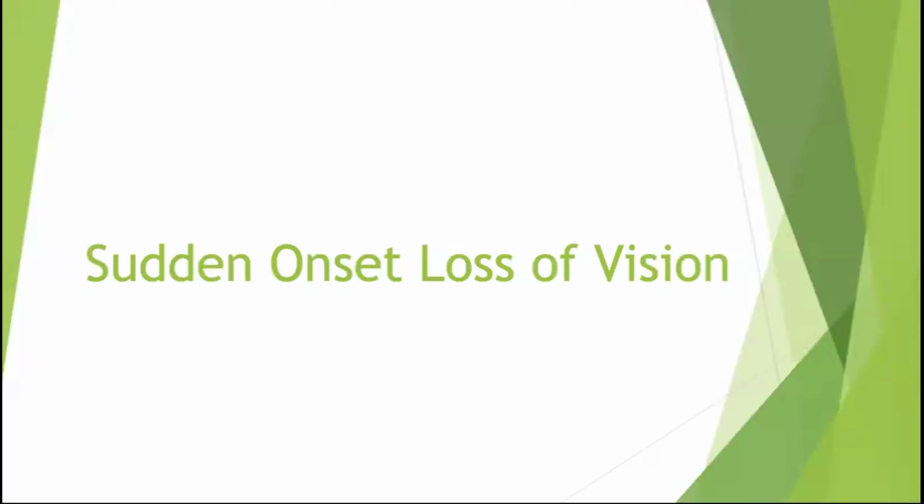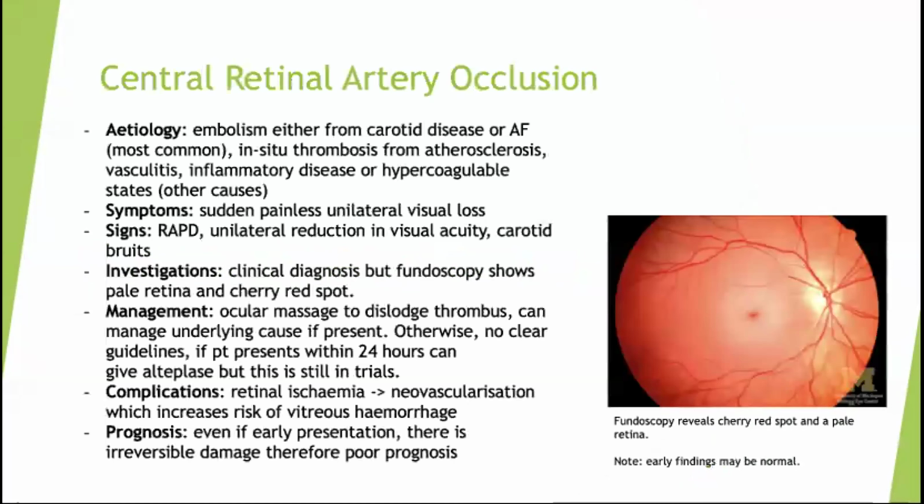So talking through some of the sudden onset loss of vision first. The first one is central retinal artery occlusion. It's relatively rare and it's usually from an embolism from either AF or some sort of carotid atherosclerosis. Or you can get arteritic from temporal arteritis.